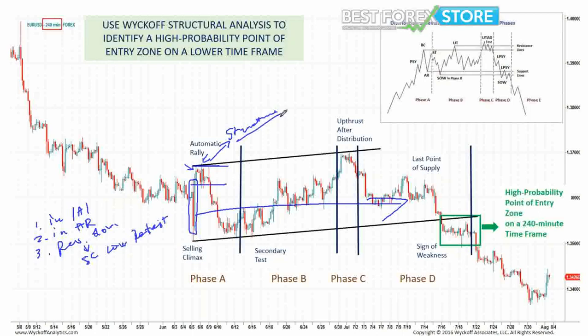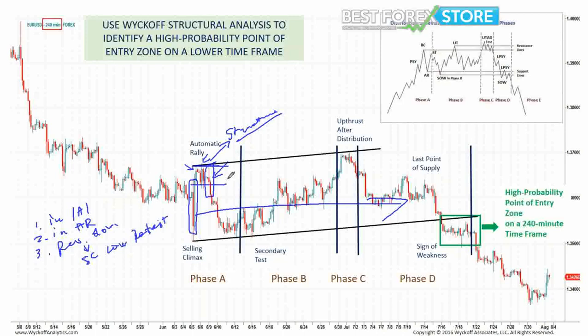on the much smaller time frame, let's say 1 hour, 30 minutes, 15 minutes. And we would be looking for the phase analysis and the structure to be in the phase C and D, and probably somewhere here in this area on a smaller time frame we would find a point of entry.